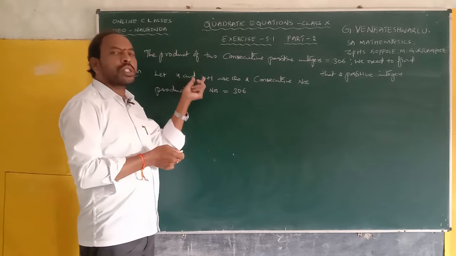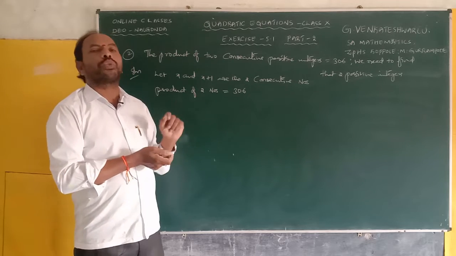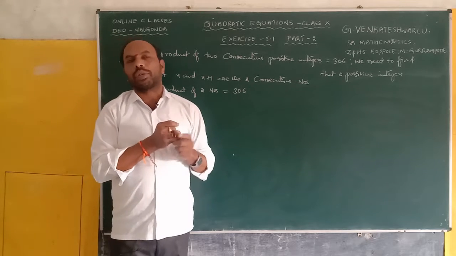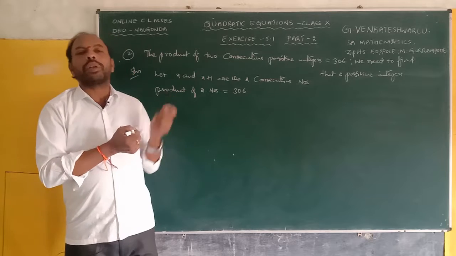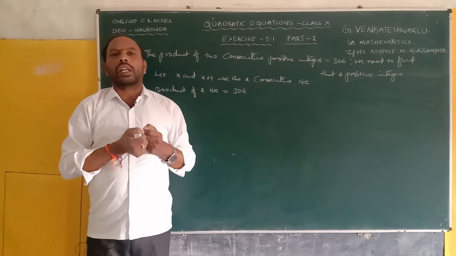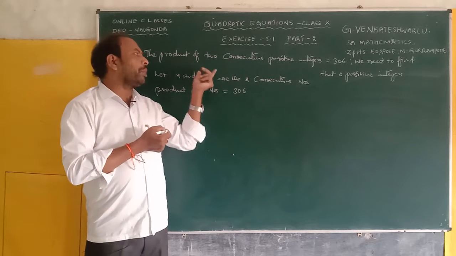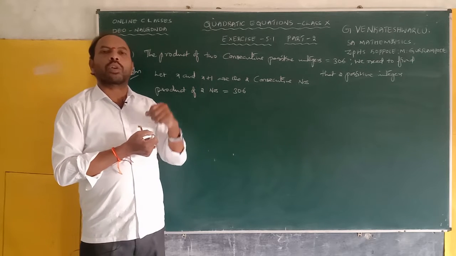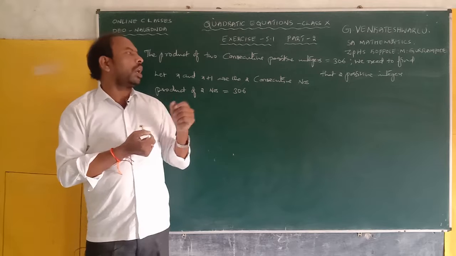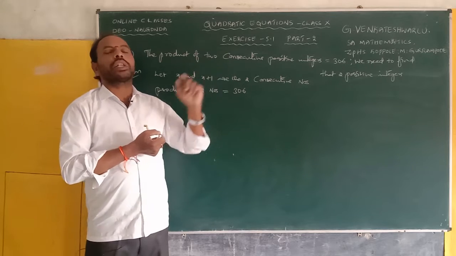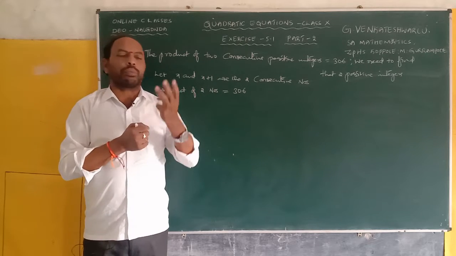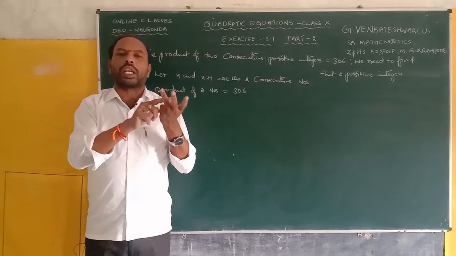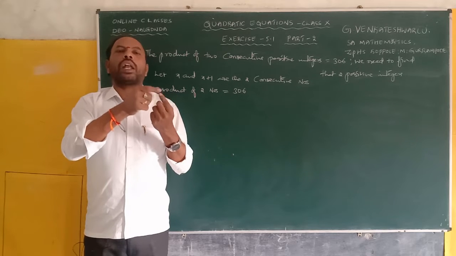With the help of these two conditions, we need to find the two positive numbers. First, what is given in the problem, what we have to find, and how we can find it. We need to think about these three things.